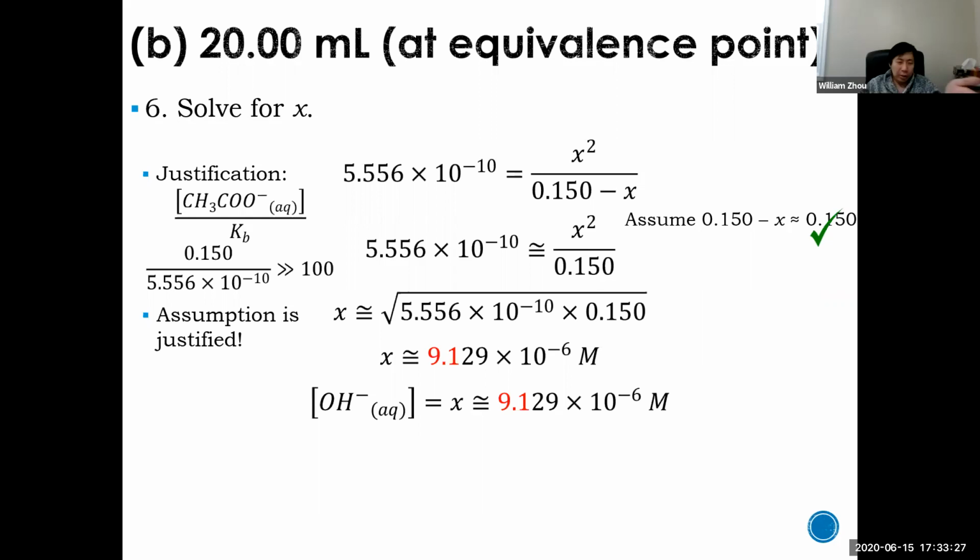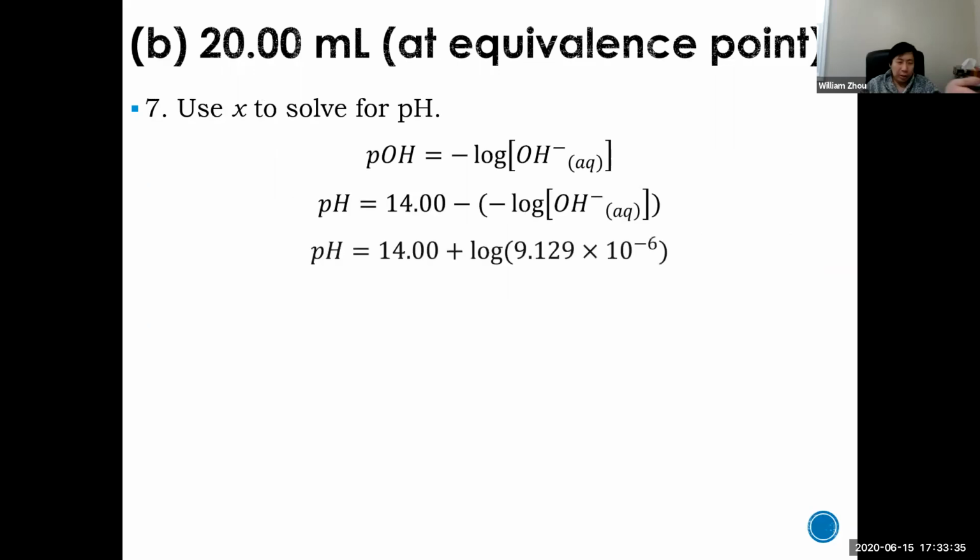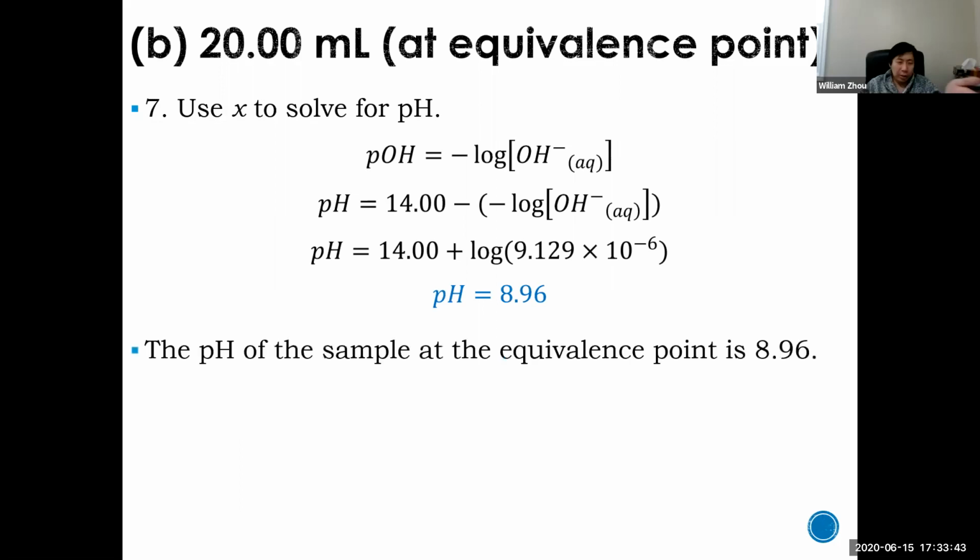Negative log of this guy gets to the pH. So the pOH is negative log of hydroxide. The pH is 14 minus that. So 14 plus log of hydroxide. Finally, punch this in your calculator, you get 8.96. So the pH of the sample at the equivalence point, where all the acids have reacted with the base, is not 7, but it is 8.96, slightly basic.